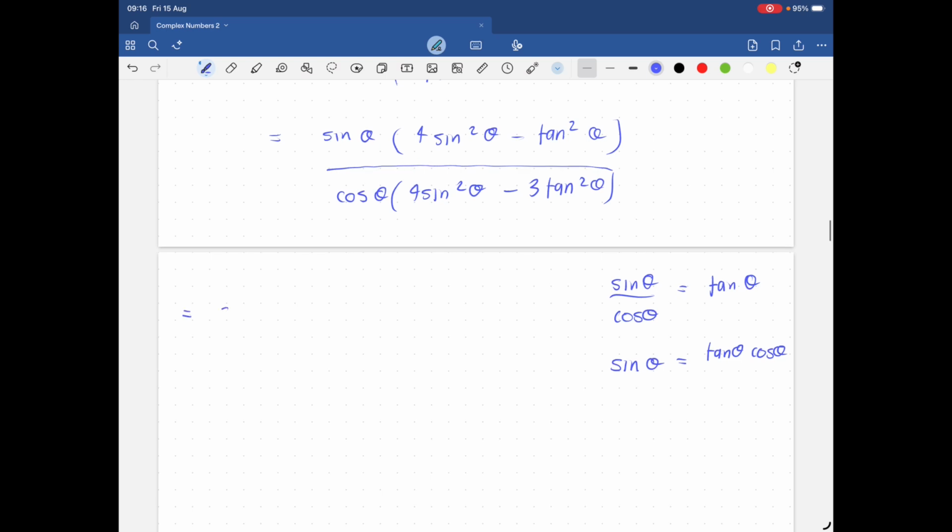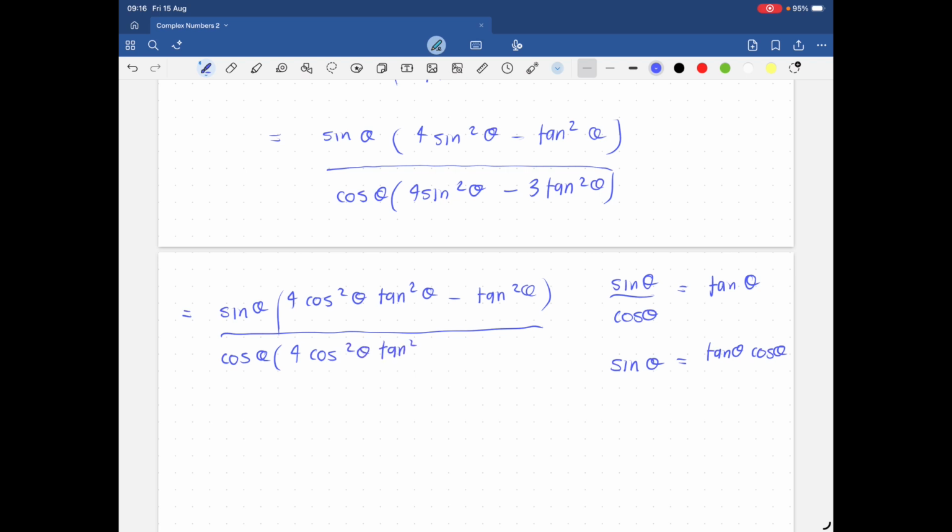So we can say this is sine theta, 4 cos squared theta tan squared theta minus tan squared theta, all over cos theta, 4 cos squared theta tan squared theta minus 3 tan squared theta.